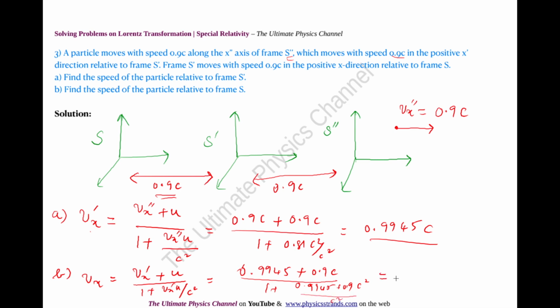Therefore the answer, if you calculate, is going to be 0.9997 c. Okay, this is the velocity of the particle with respect to the frame of reference S. So that completes our third problem.